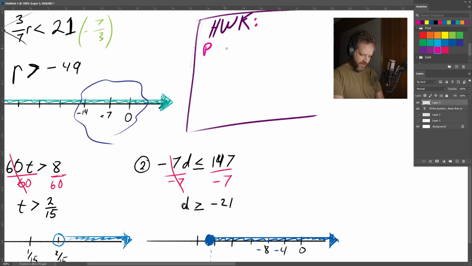Page 295. And we're going to do numbers 10 through 28 evens.